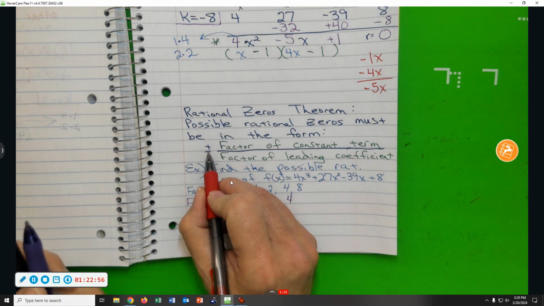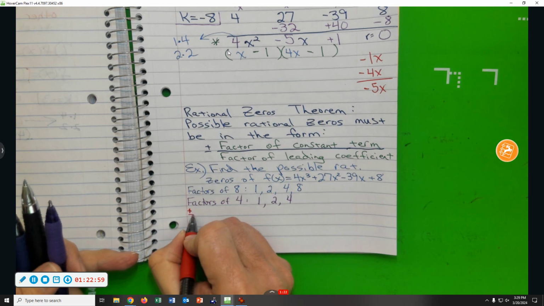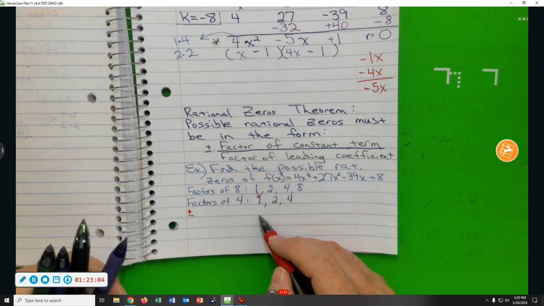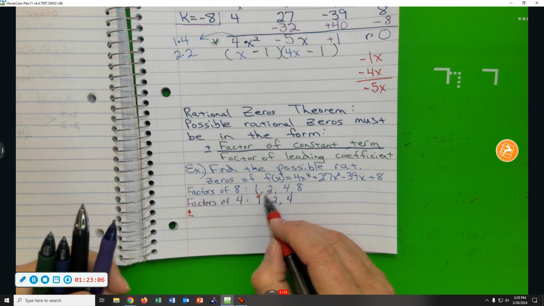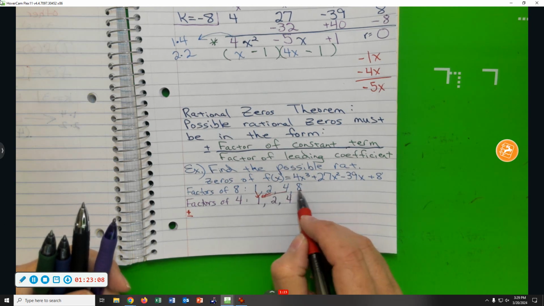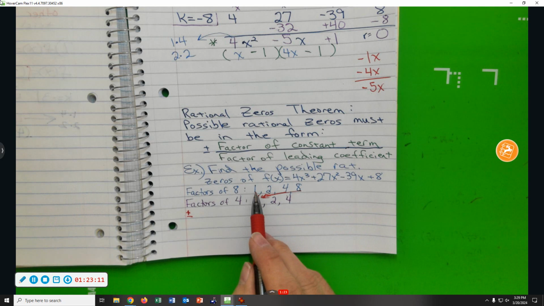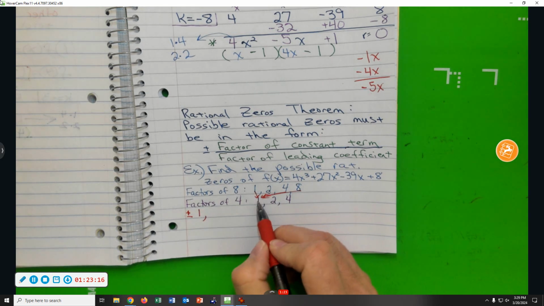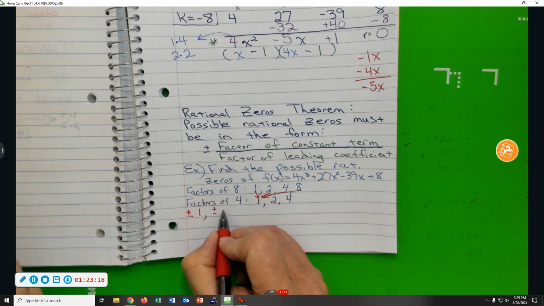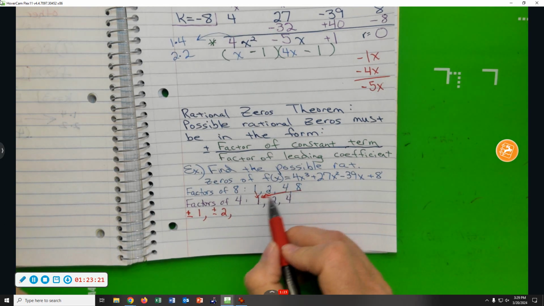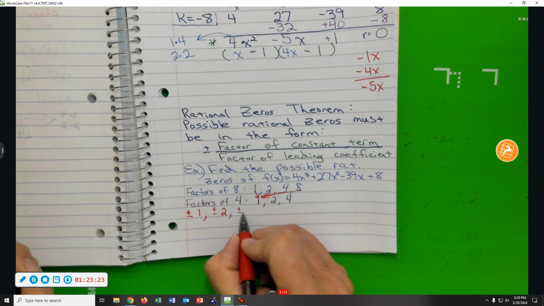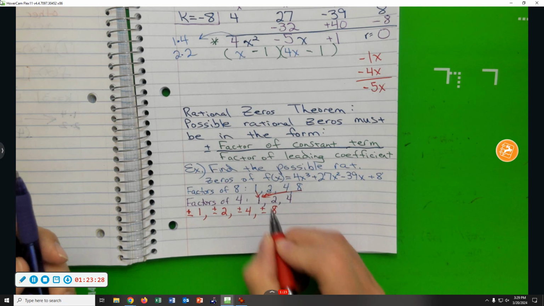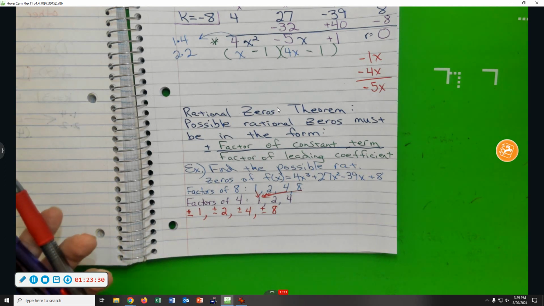So we start off, I'll write the plus minus, and then we're going to go 1 over 1, 2 over 1, 4 over 1, 8 over 1. 1 over 1 is 1. 2 over 1 is 2. 4 over 1. 8 over 1.